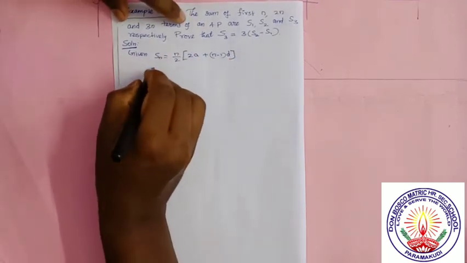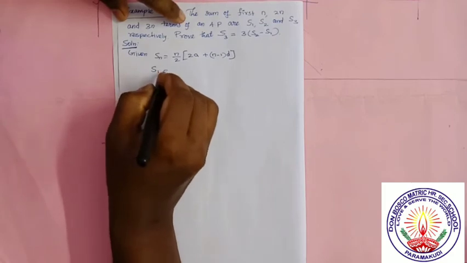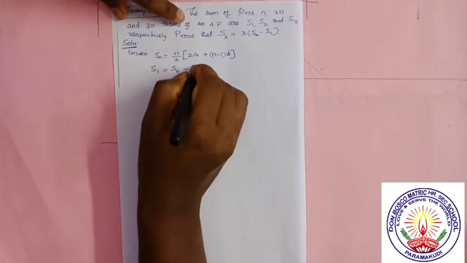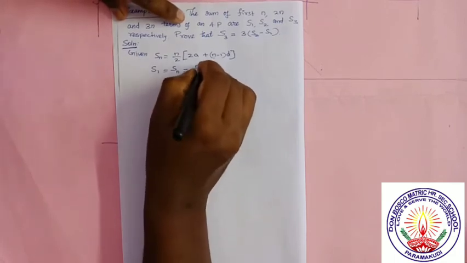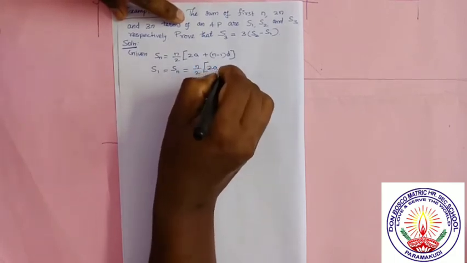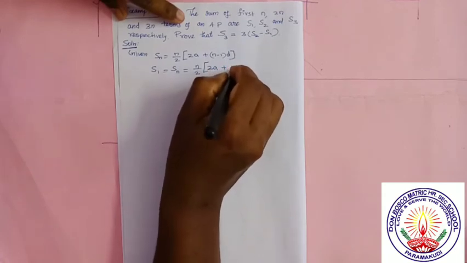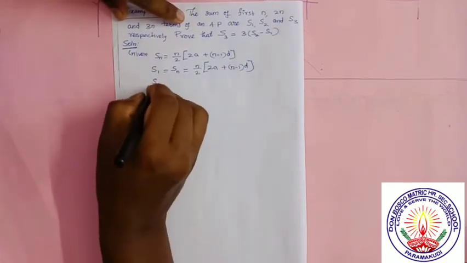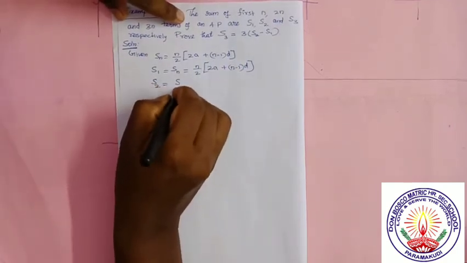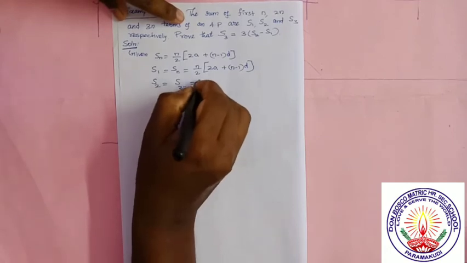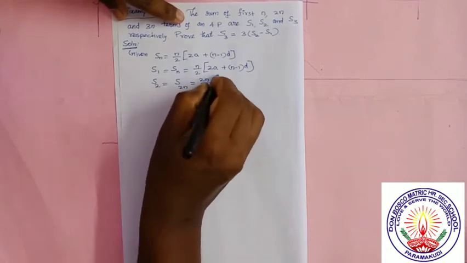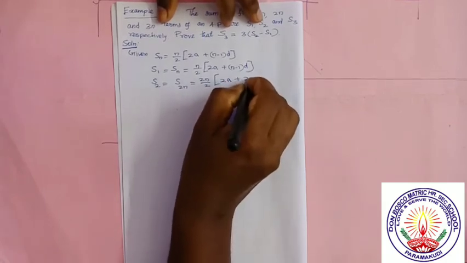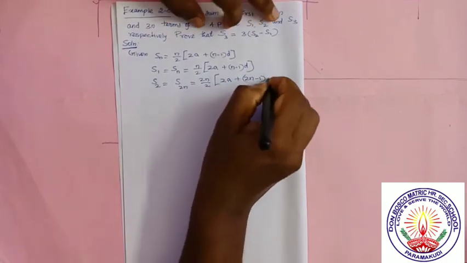So given, S1 is the sum of the first n terms, that is Sn, which is equal to n by 2 into (2a plus (n minus 1) into d). Similarly, S2 is the sum of the first 2n terms, which is equal to 2n by 2 into (2a plus (2n minus 1) into d).